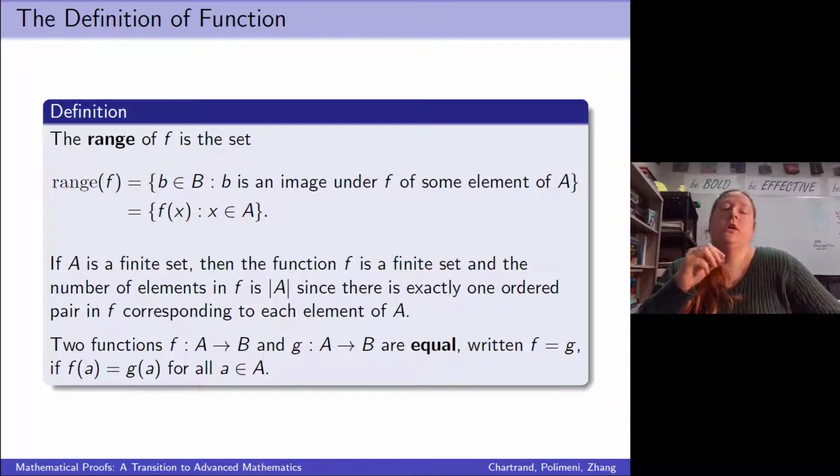Now, when we're talking about two functions being equal, say I have a function f from A to B and g from A to B, we can say that those two are equal if f of a equals g of a for every element in A. So it has to be equal and it has to be mapping to the same set.